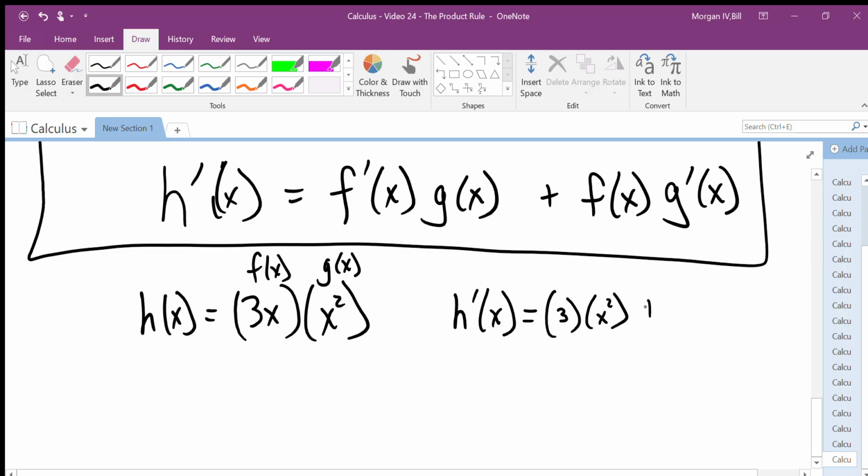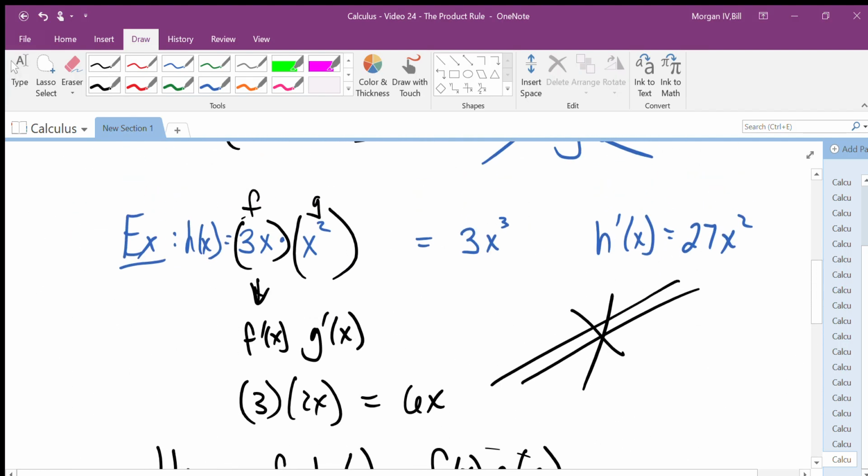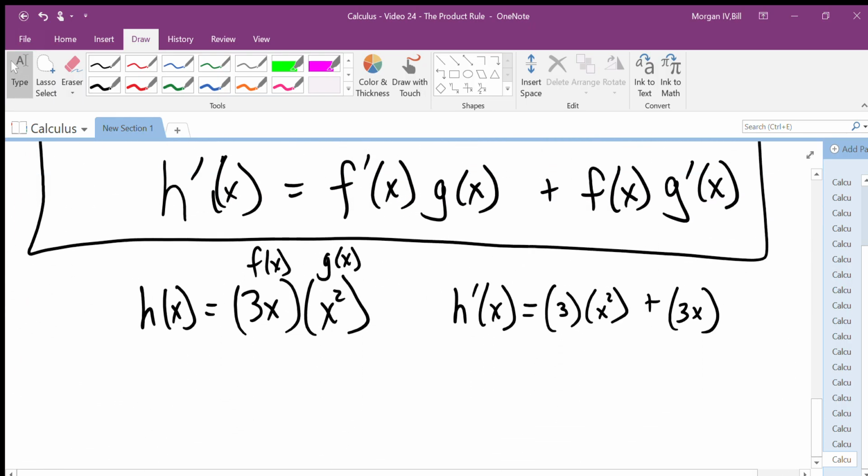Plus, then it's f of x. We leave f all by itself, so just 3x, times the derivative of g of x. Sorry, the derivative of g of x is 2x. And we have here 3x squared plus 6x squared gives me 9x squared.